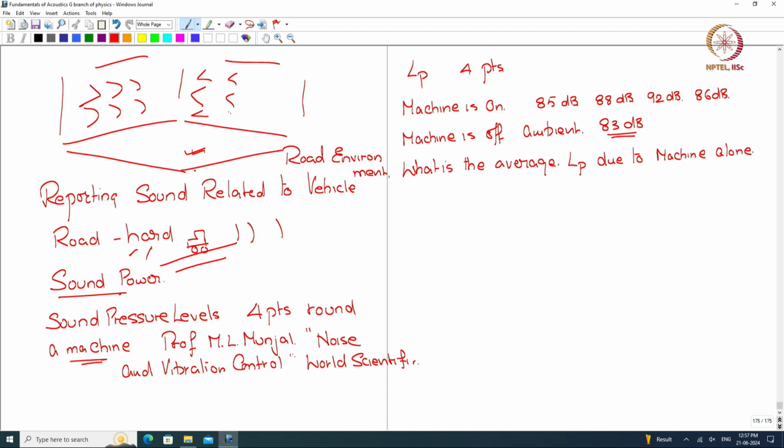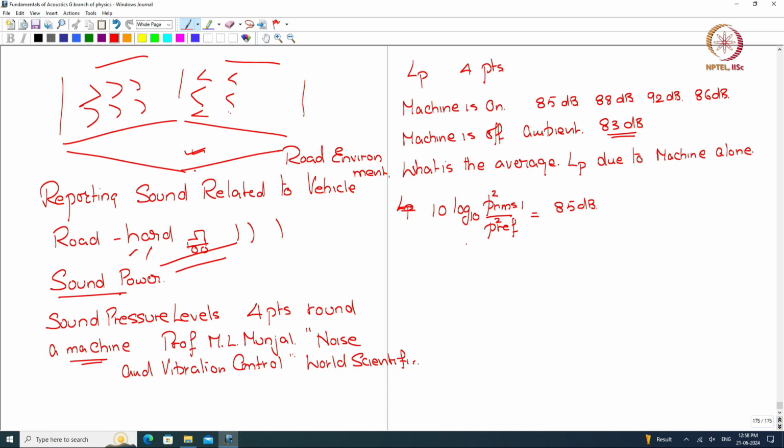So now we have LP. To get to the raw P square RMS, 85 dB means 10 log to the base 10 of P square RMS at location 1 by P square reference is 85 dB.